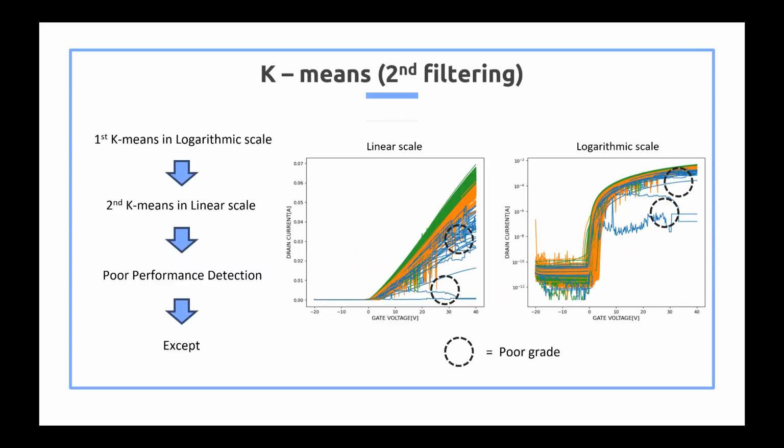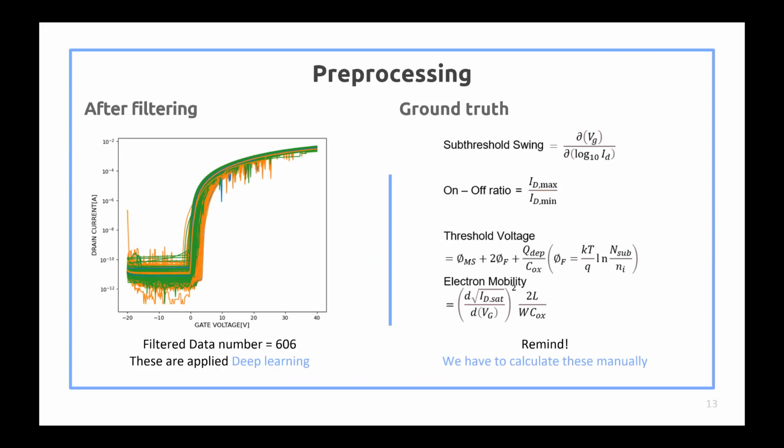However, some defective data were mixed in with the high-quality data obtained through the first K-means clustering. Thus, a second K-means clustering was performed based on the linear scale transfer curve to filter out the defective curves. In this way, 606 filtered high-quality data points were selected as deep learning training data.